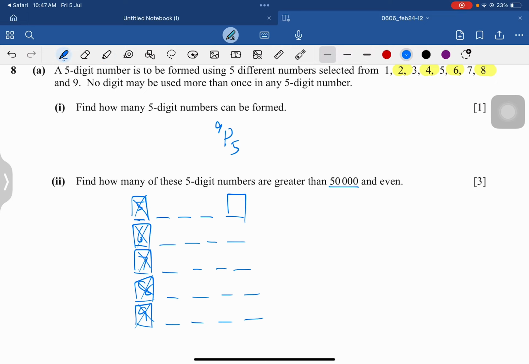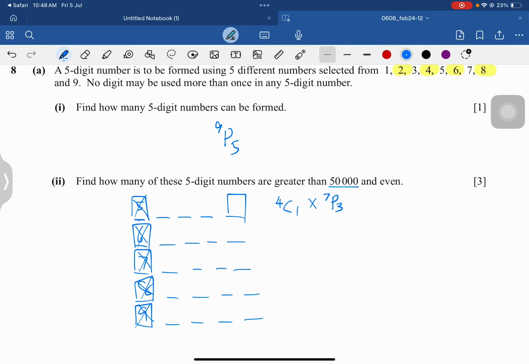So since 5 has been used, for 2, 4, 6, 8, 4 numbers, simply choose 1 to put at the last box there, times, okay, we have used 1 number at the front and 1 number at the back, remaining 7 numbers, 7P3 arranged in the middle for the 3 in between.